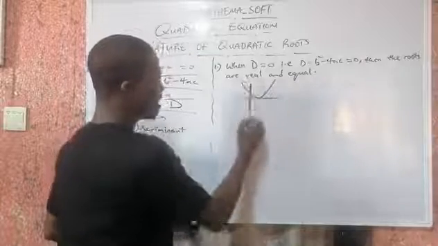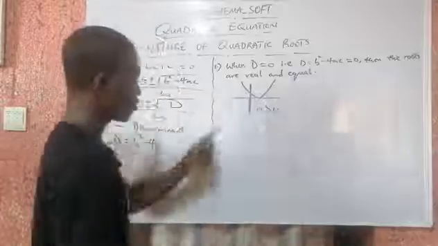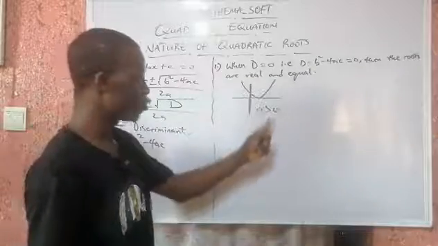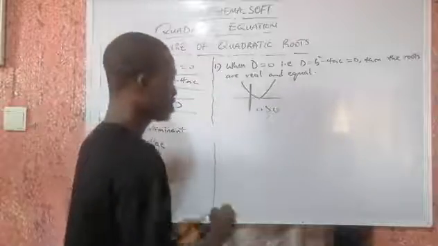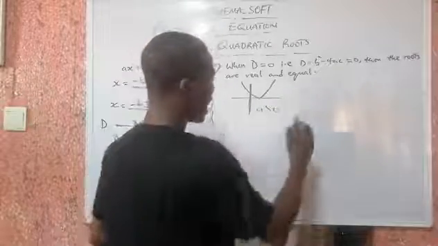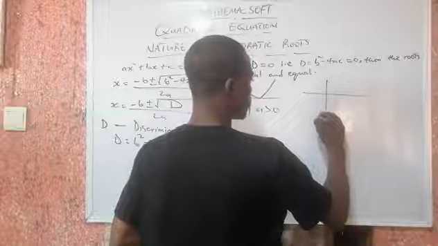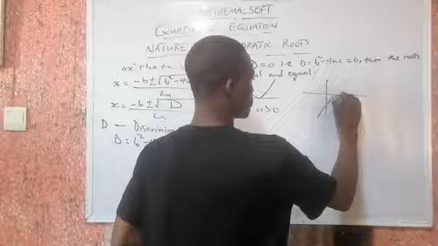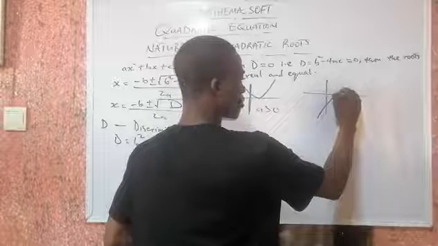Now the condition here is when a is greater than 0. Of course, you can see that this is a U shape, and what it means is that our value of a is greater than 0. And it may be the N shape also, touching just at one point.